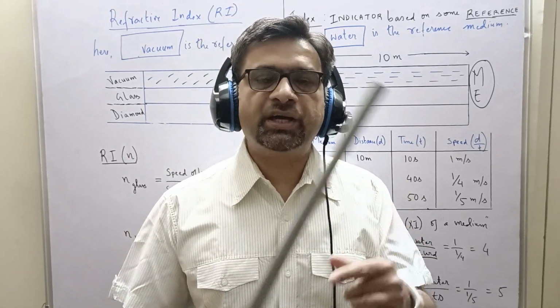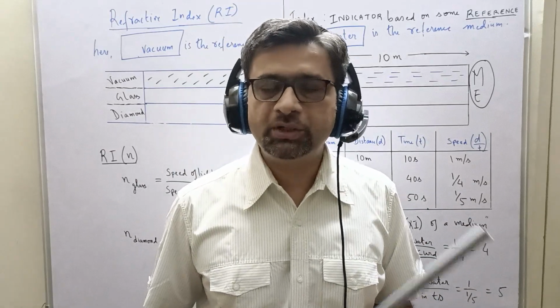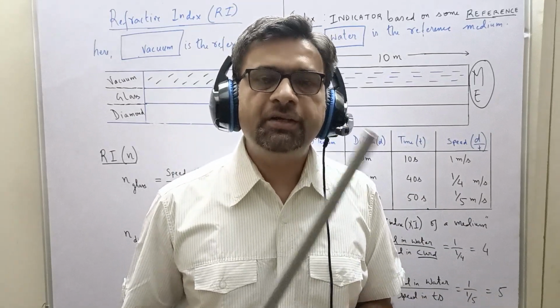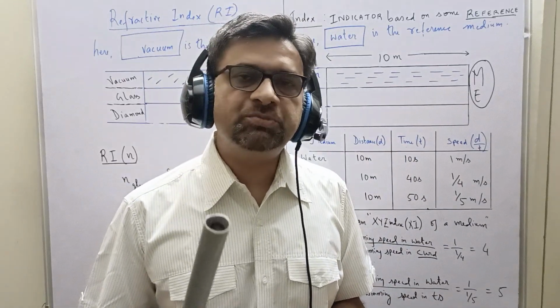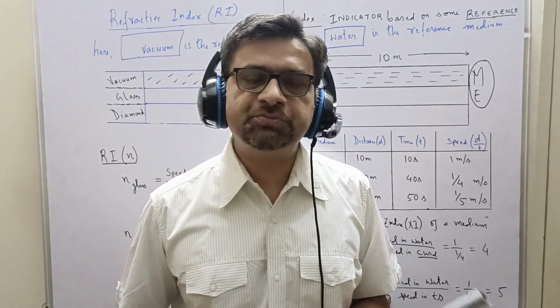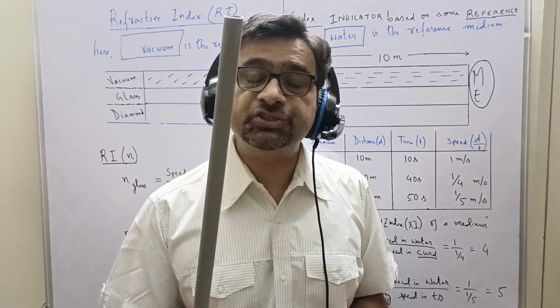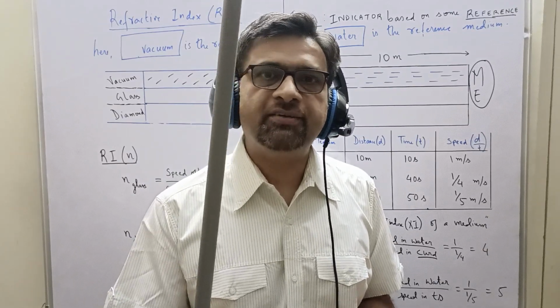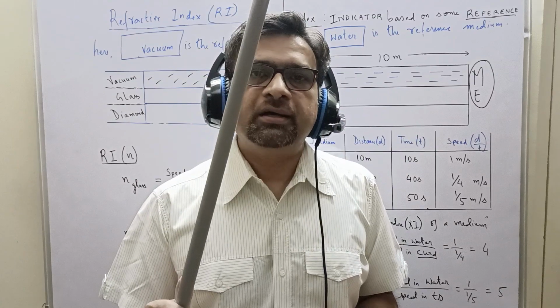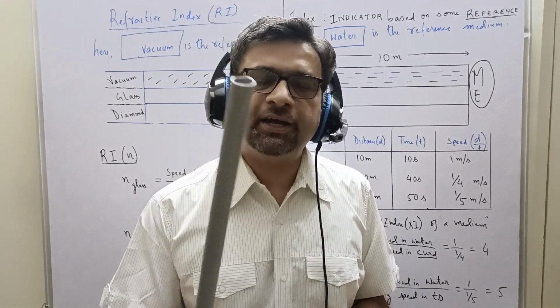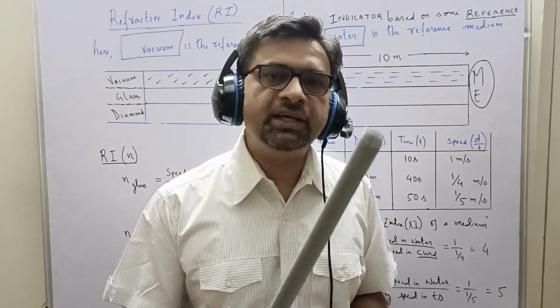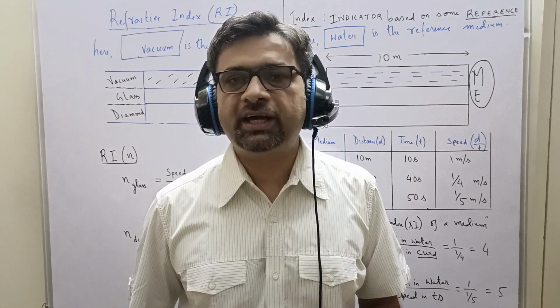Now, let us try and define refractive index. What is the refractive index of a medium? Refractive index is a number that tells me how many times the speed of light in vacuum, it's not air, it's vacuum, is greater than the speed of light in that medium.